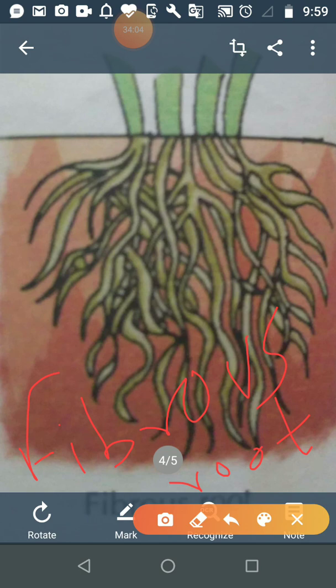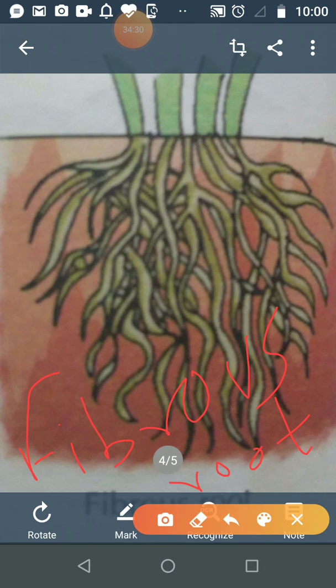So if there are many plants in that area, they can reduce soil erosion. Are you understanding? So we have to plant more and more trees.